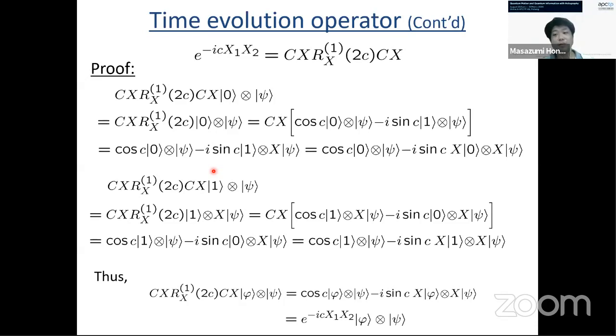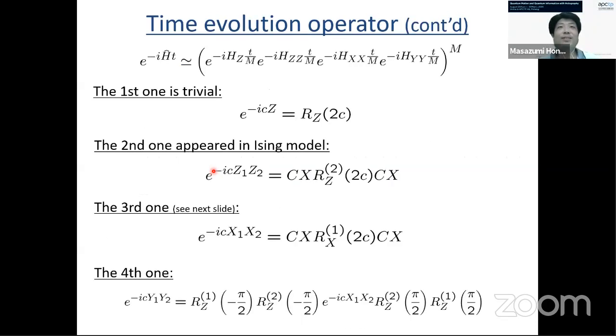Then do you think this actually works for those cases? For example, if we have a 3-point interaction, it could be more complicated. It would be more complicated. So this could involve 3 qubit operations, like control X or something like that.